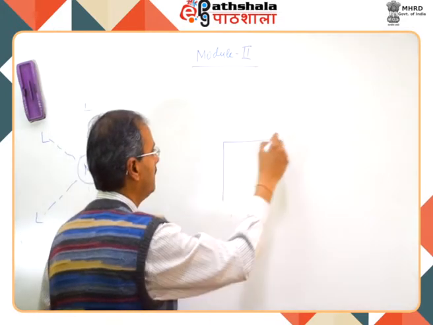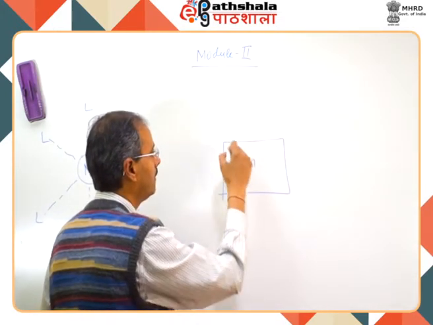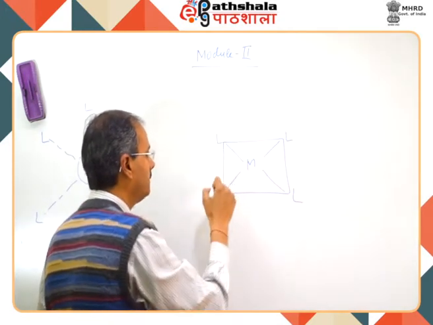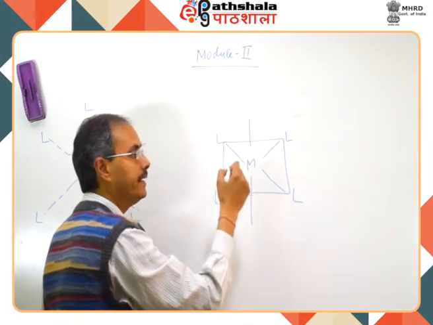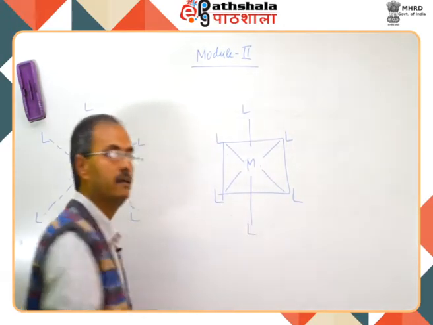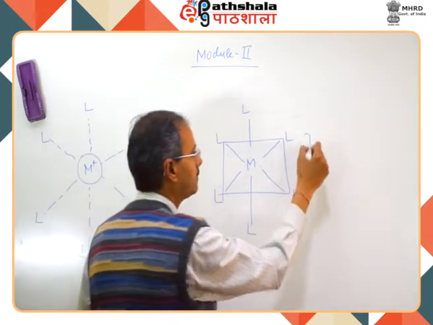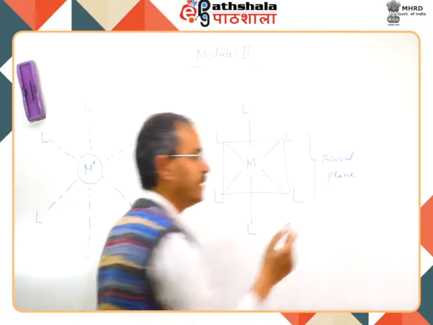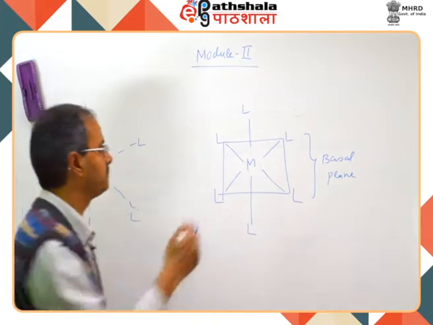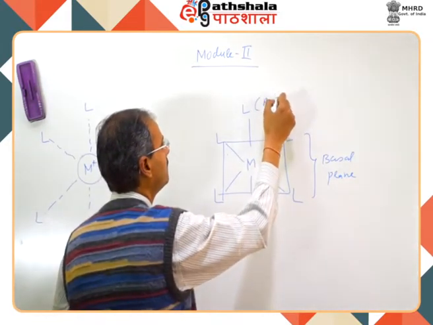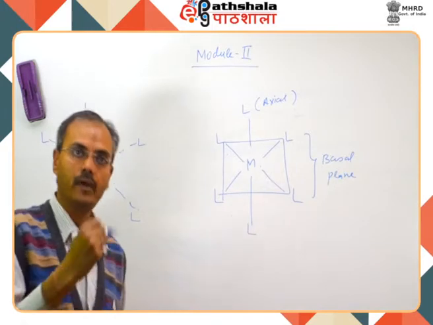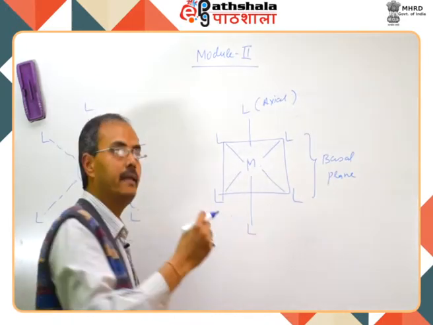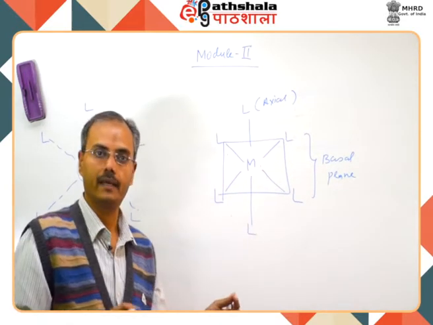Whenever there is a basal plane, 4 ligands are approaching from the basal plane, and then 2 ligands are approaching from the axial position. So these are the basal plane, when the ligands are approaching in the x and y plane, and these are the axial positions. But what is important is that all 6 ligands are identical, as well as at an identical distance from the metal ion.